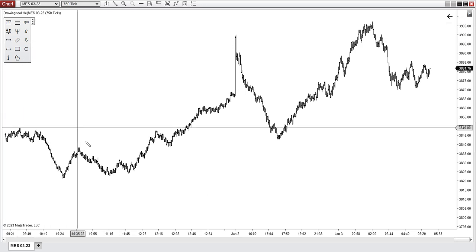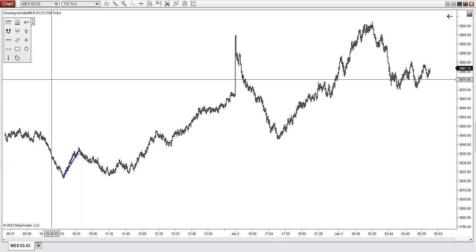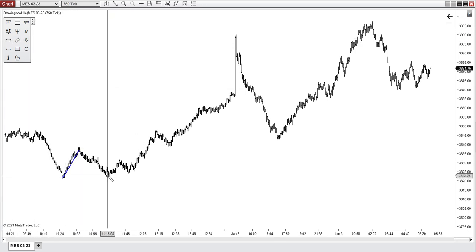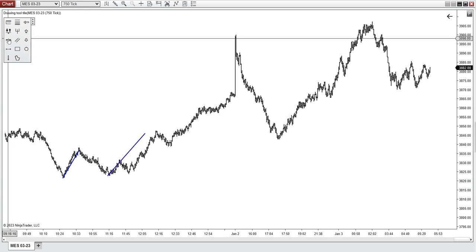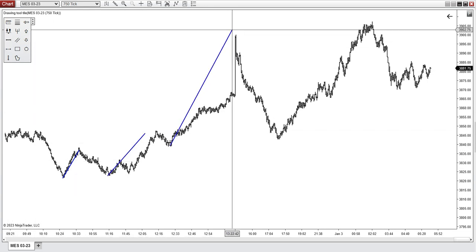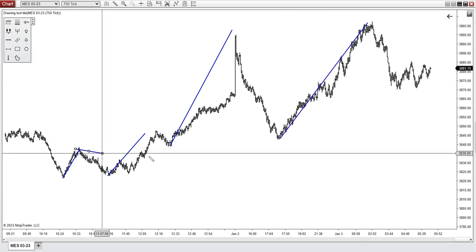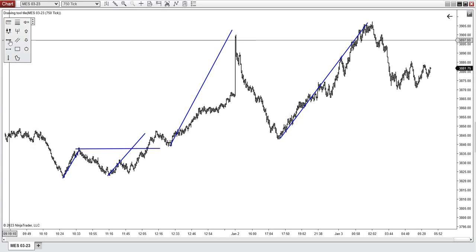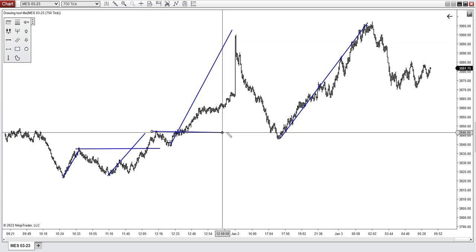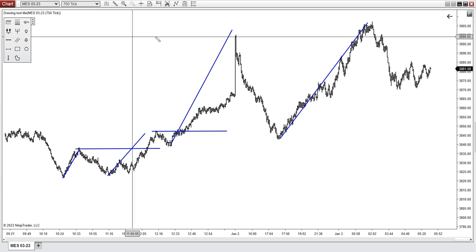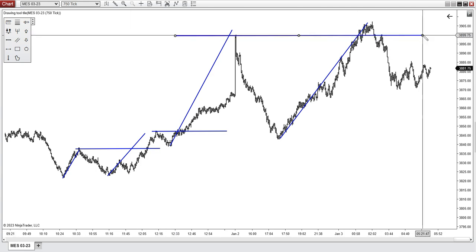Because remember, we follow the impulse up, pulls back, impulse up, pulls back, over and over. Impulse legs take out the highs, and they continue to take out the highs.